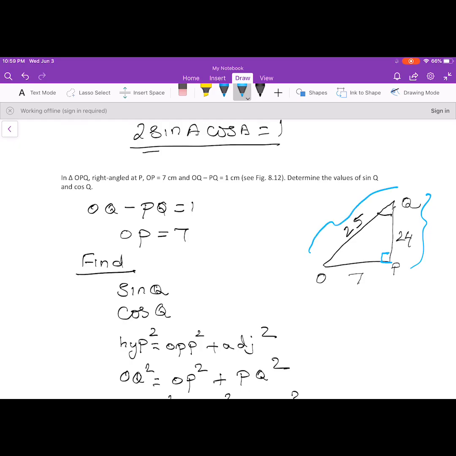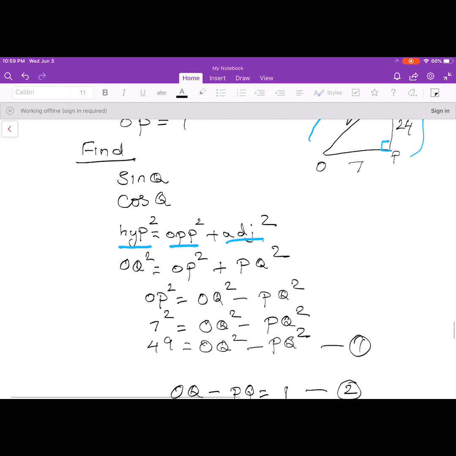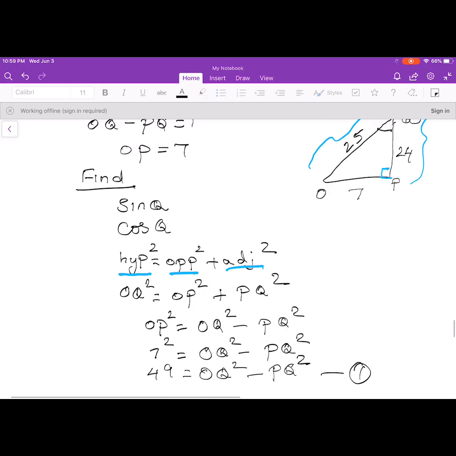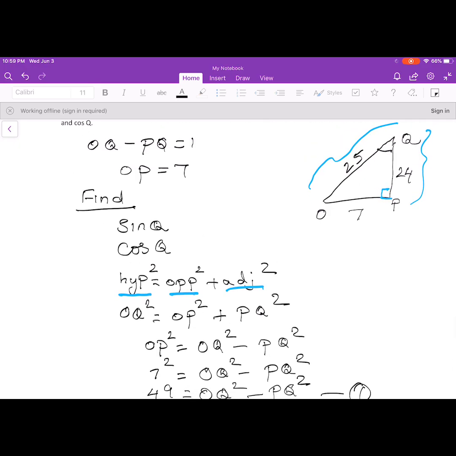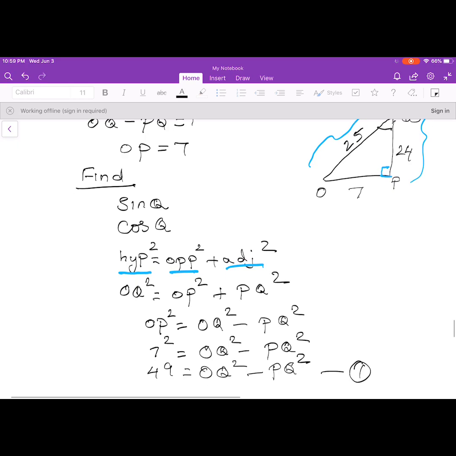For this, I am using the Pythagoras theorem. Hypotenuse square is equal to opposite square plus adjacent square. OQ square is equal to OP square plus PQ square, where the hypotenuse is OQ.